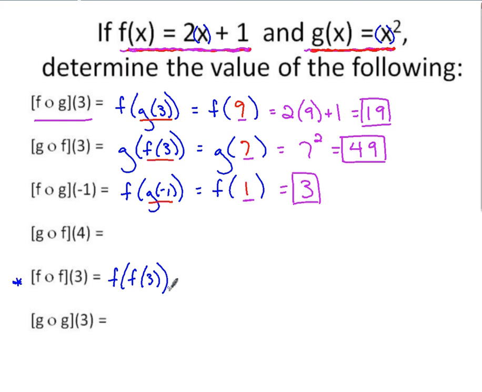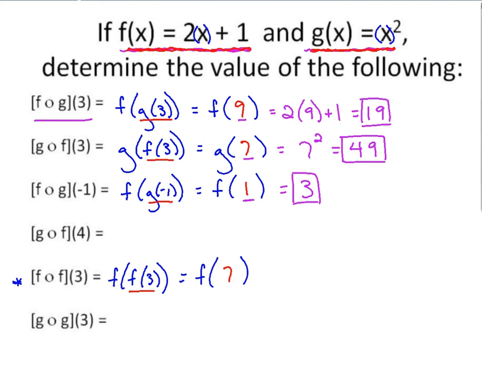You play with f of f of 3, working from the inside out. Inside out, you start with f of 3. Go to the function f, replace the x value with 3. So it would be 2 times 3 plus 1, we get 7 back. So the new problem becomes f of 7.